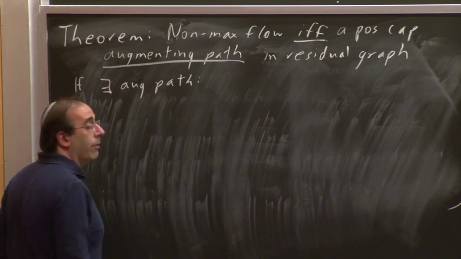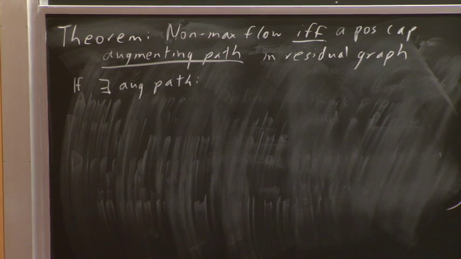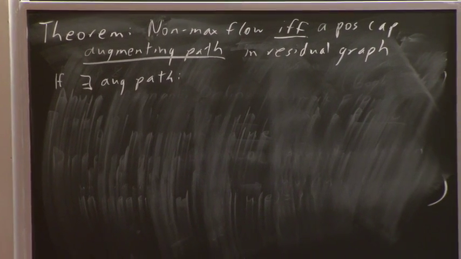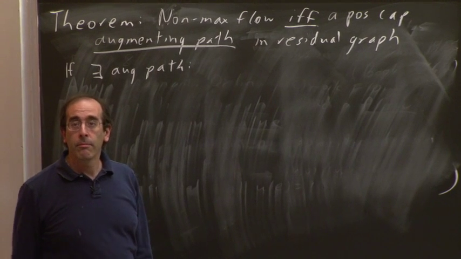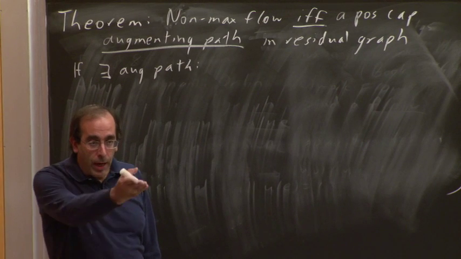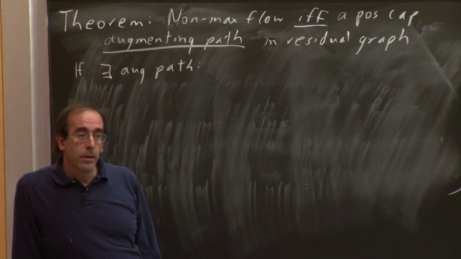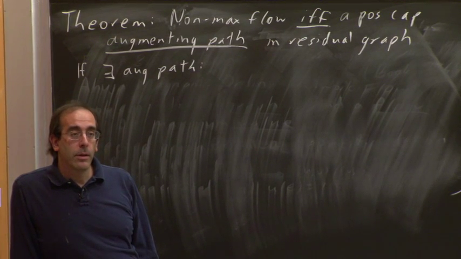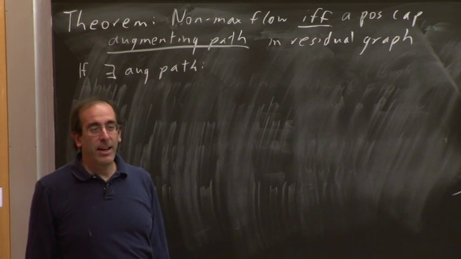So suppose that there exists an augmenting path. I want to argue that the flow is not maximum. How do I do that? Yeah? Just copy the path and then just add them. Just add it. Yes, but add how much of it, right?